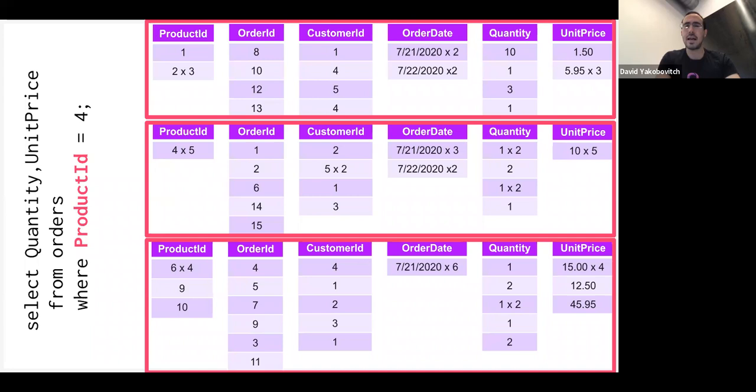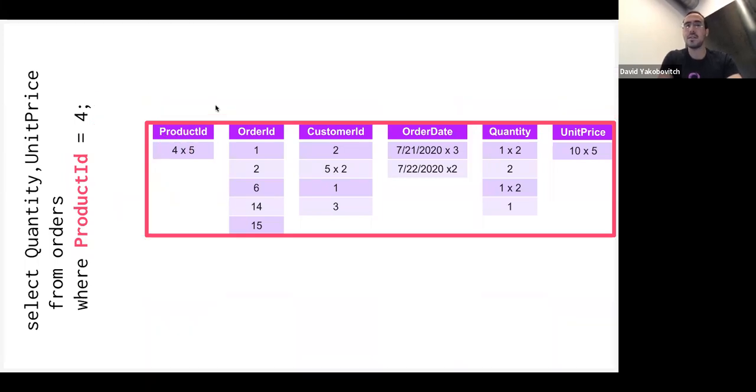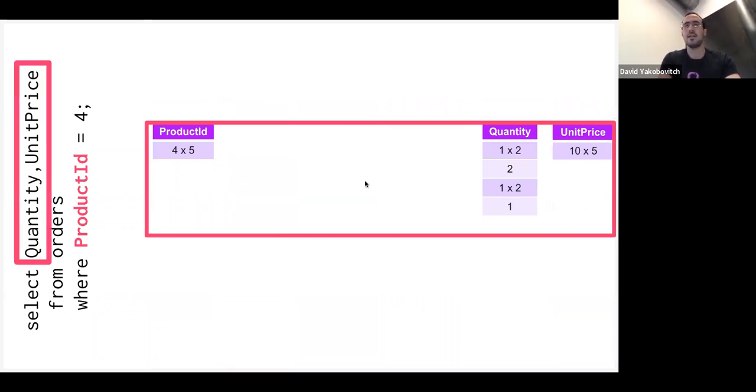So when you look at this table here, your eyes are probably drawn towards the center. Order ID, customer ID, order date. These columns were not selected, so we could drop them. We don't need them. And in addition to dropping them, product ID is 4. Well, everything in the middle is 4, but nothing above or below. So we're going to both horizontally drop and vertically drop what's not used.